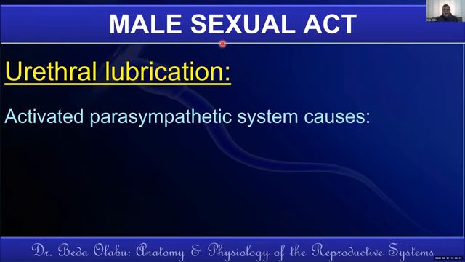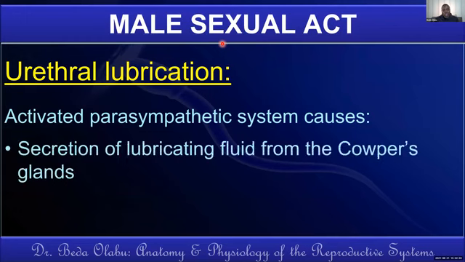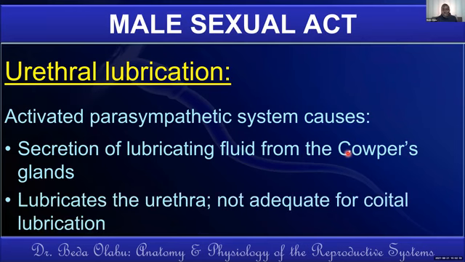So if that continues, then we'll have a phase of urethral lubrication where the corpus glands secrete some fluid. The corpus glands respond by secreting fluids which lubricate the urethra, and that's why we are calling it urethral lubrication. Of important note is that the lubrication of the urethra is not adequate for coitus.